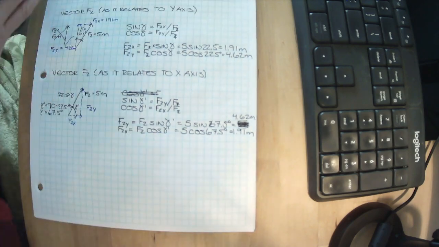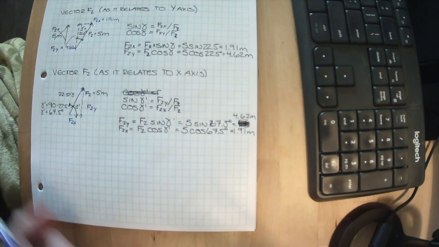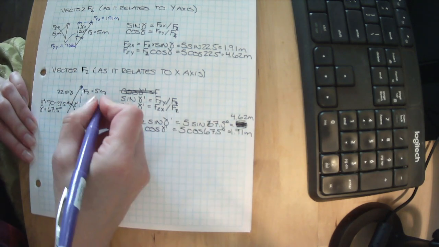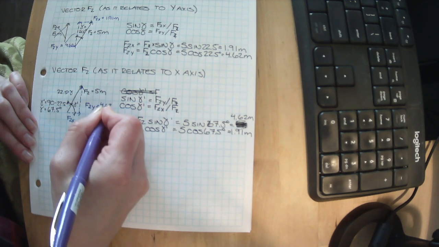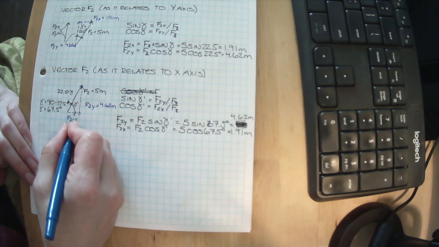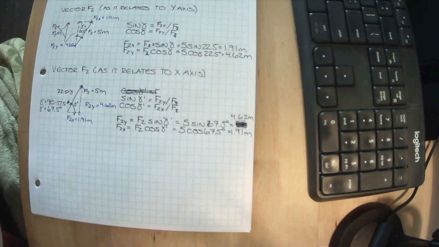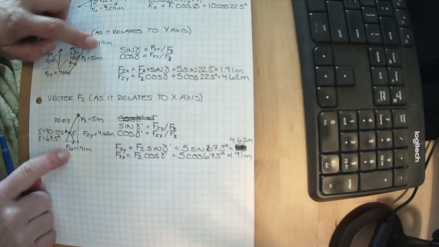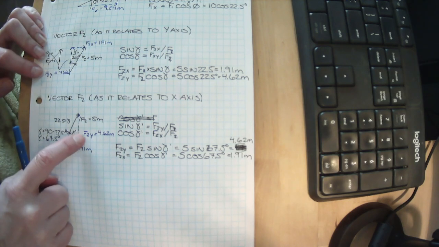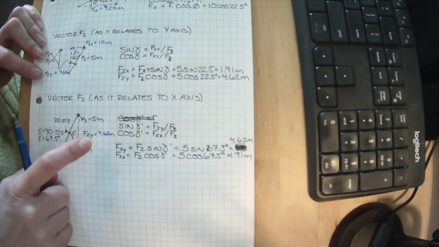Okay, let's see what that gave us right here. F2y, 4.62 meters. F2x, 1.91 meters.